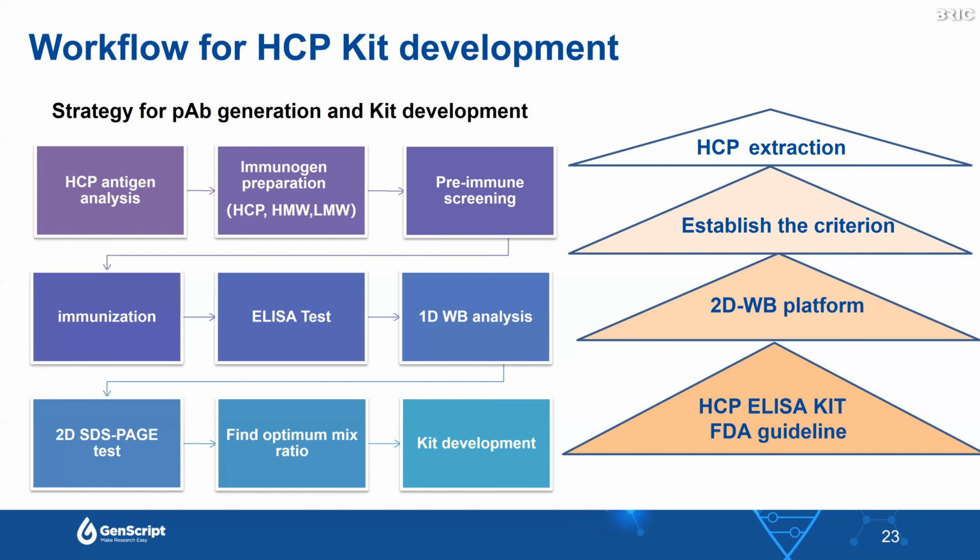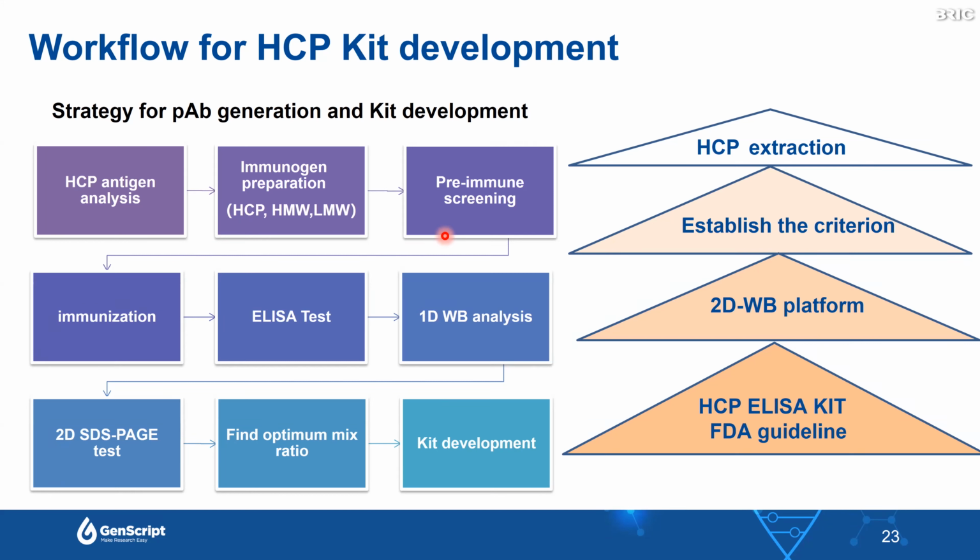This is the workflow for HCP kit development. First, we extract the empty host cell as an antigen and prepare the high molecular weight and low molecular weight host cell proteins as immunogens. Before immunization, we screen the serum of the animal model to confirm the animals are not contaminated.